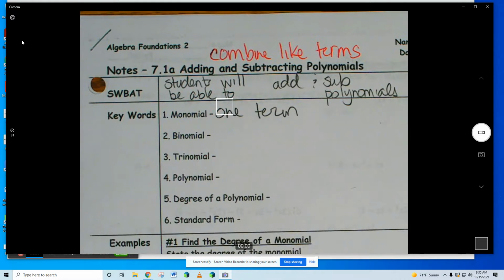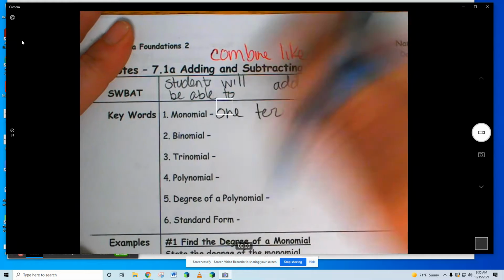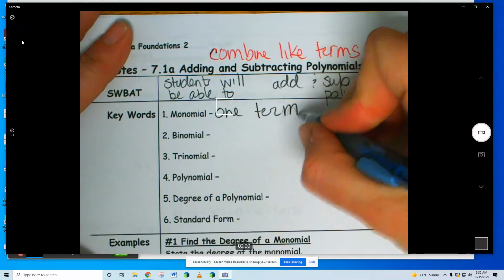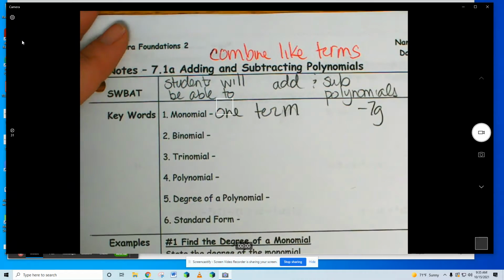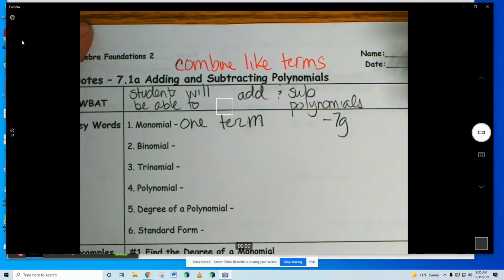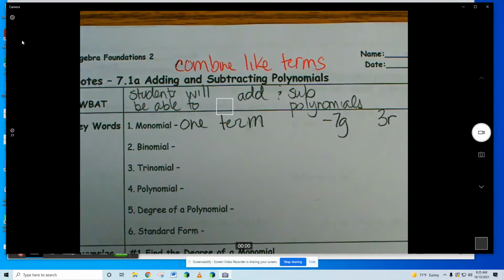So here we go. Monomial is one term, and I have to say it correctly. So that's going to be things like negative 7g. That's one term. Or 3r. That's one term. Monomial, one thing. Binomial, two terms.